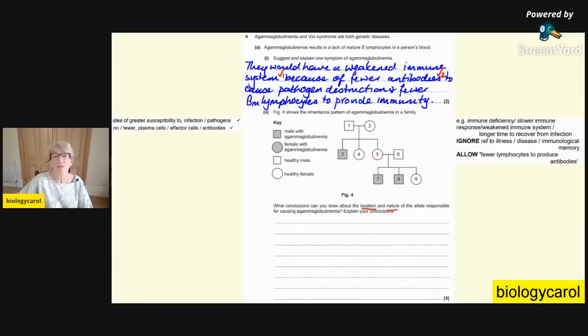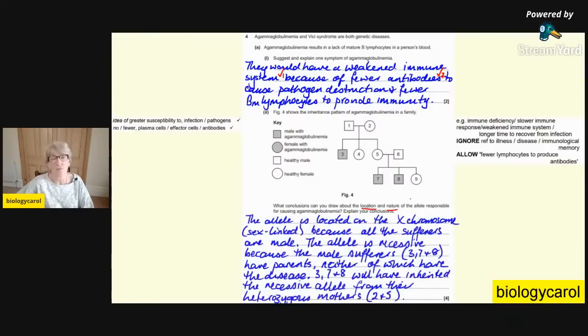Looking at this family tree, it looks sex linked to me, not sex related, that would not be appropriate. Sex linked because the gene is on the X chromosome.